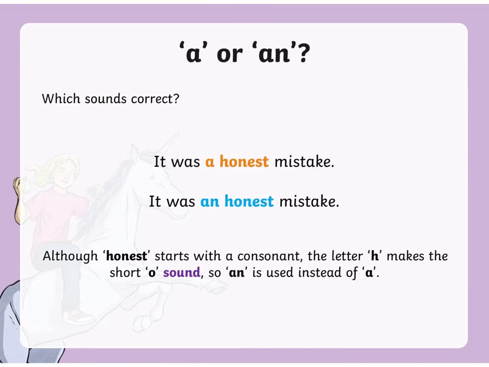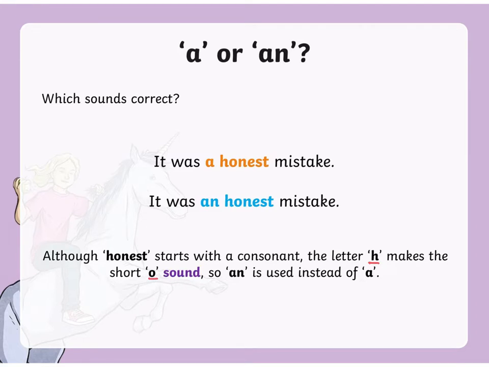There are some exceptions in English while using a or an. We have to go with the sound. For example, it was an honest mistake. Although honest starts with the consonant, the letter H makes the short O sound.